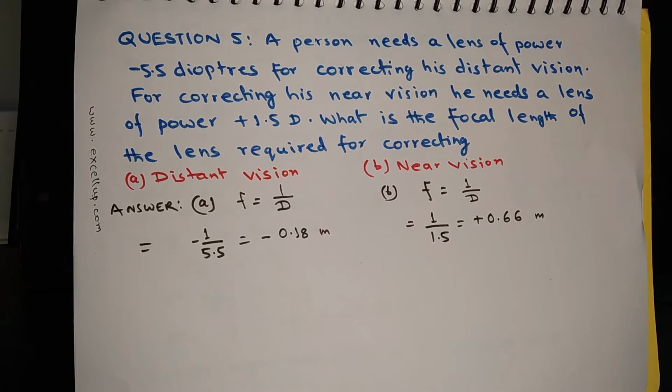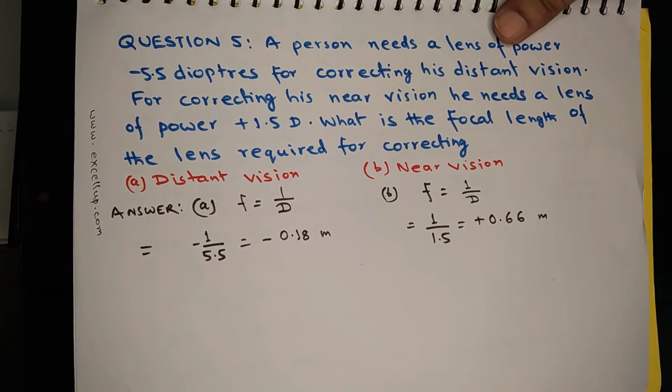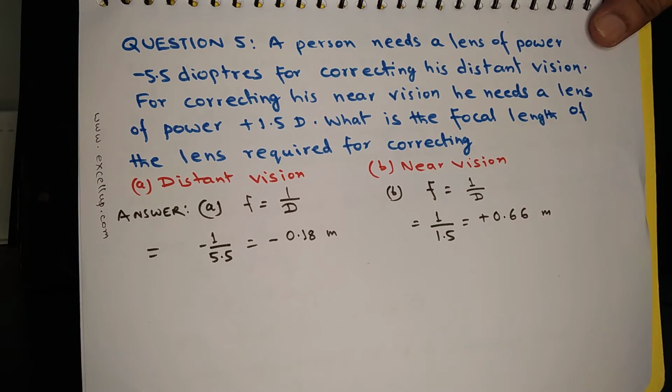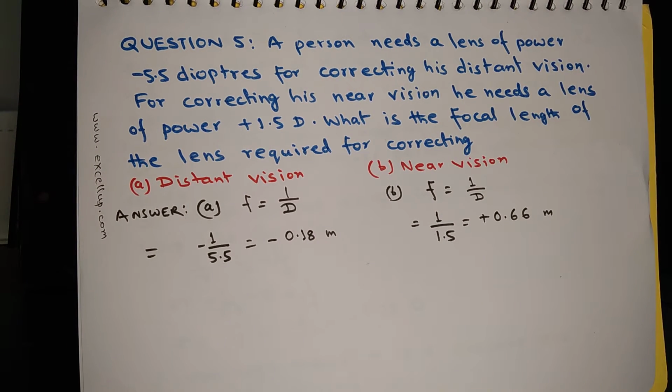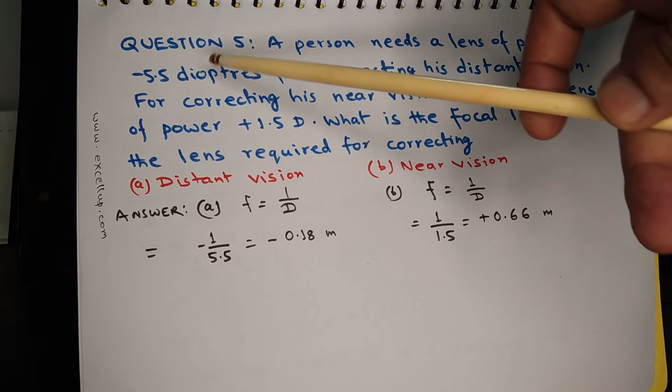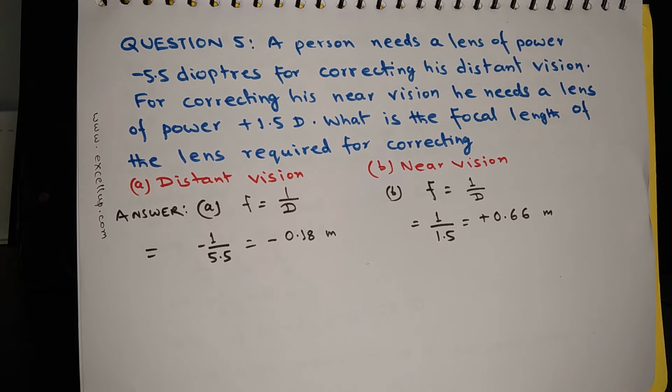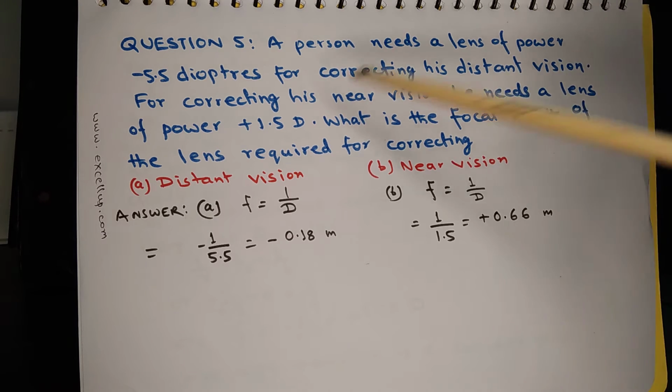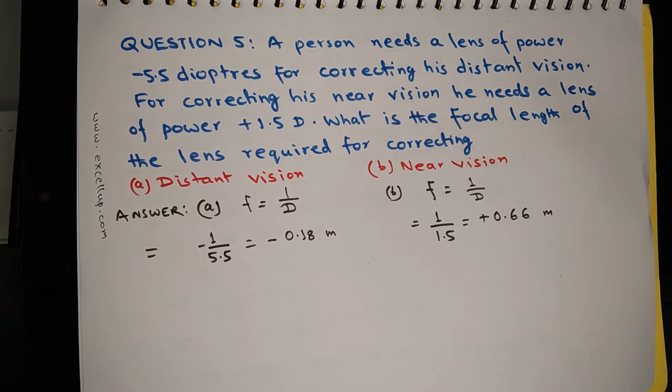Question 5. A person needs a lens of power minus 5.5 diopters for correcting his distant vision, and for correcting his near vision he needs a lens of power plus 1.5 diopter.